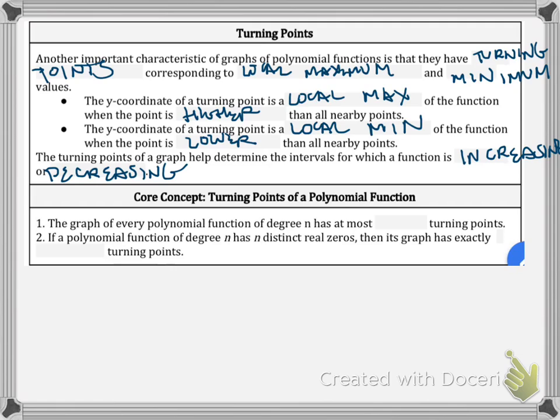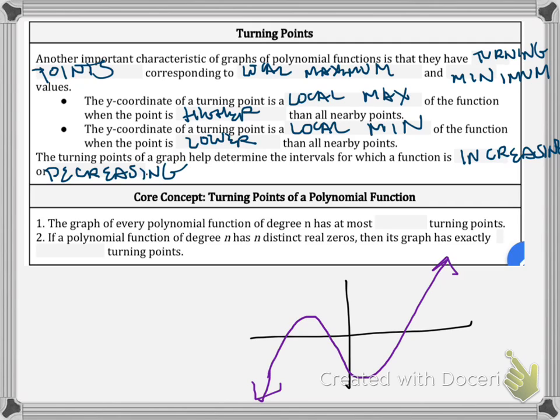If I take a look at a graph, let me draw one here for you so you can see it. There's our coordinate plane, and let me draw a function like this.